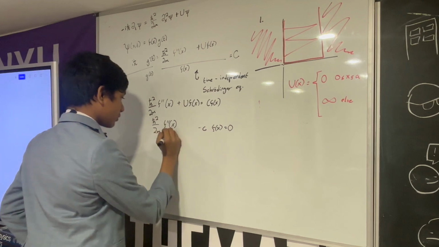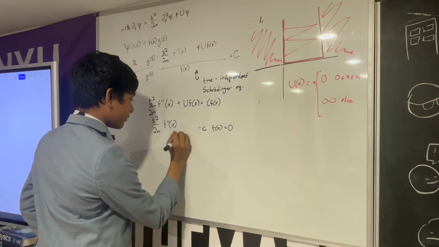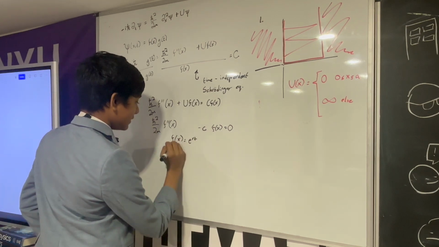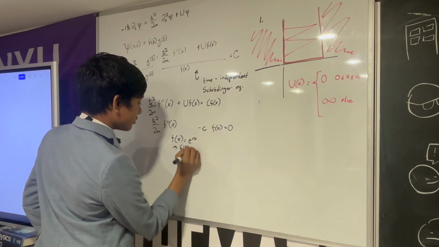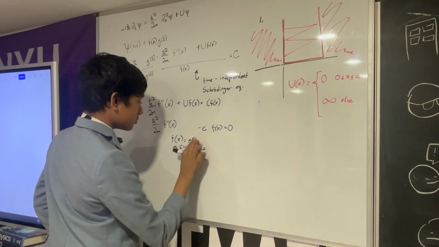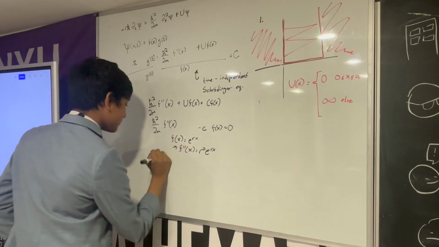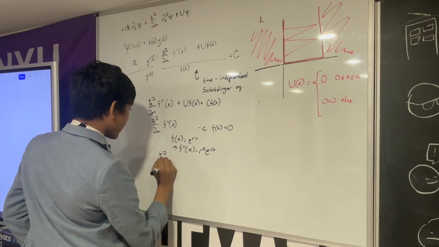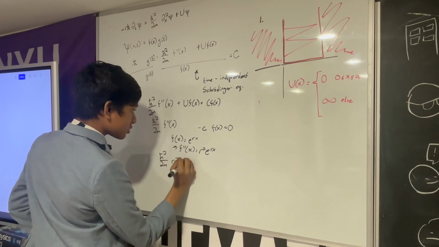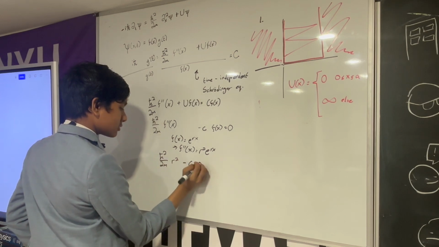So now we're going to set f of x equal to e to the rx, hence f double prime of x is equal to r squared e to the rx, which gives us h bar squared over 2m, r squared minus c, equal to 0.